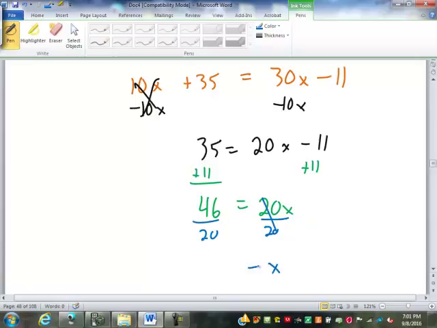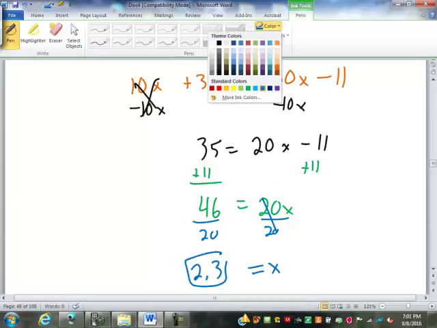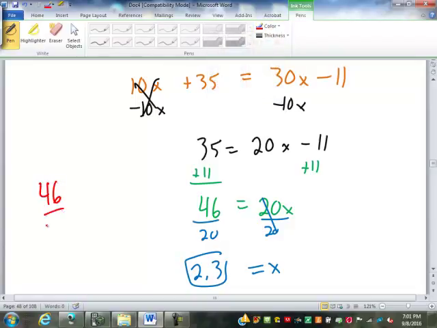So over here we have x. On this side we have a couple of options. 46 divided by 20 is 2.3 if it was a decimal. If we don't want it as a decimal, if we want to leave it as a fraction, 46 divided by 20, remember there's an equivalency between fractions and division.